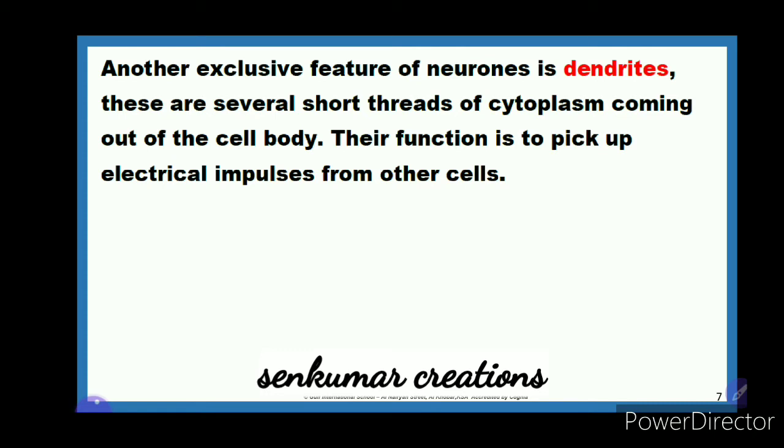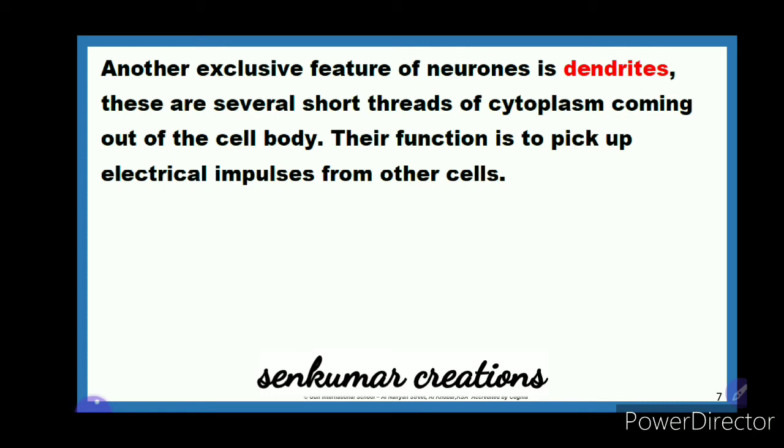These are several short threads of cytoplasm coming out of the cell body. Their function is to pick up electrical impulses from other cells. So the electrical impulse comes to the dendrites, and from the dendrites it passes to the next neuron. Like that, it will go. So this is the dendrites.